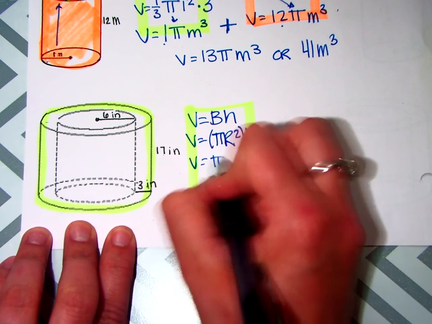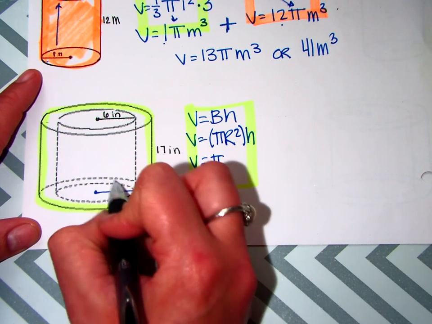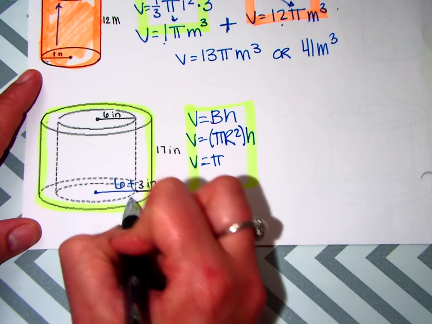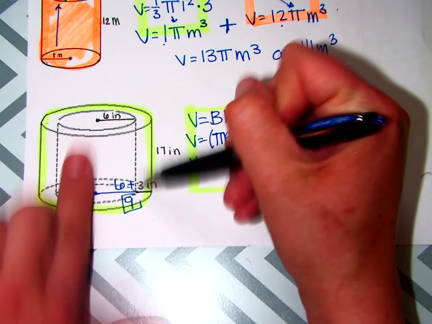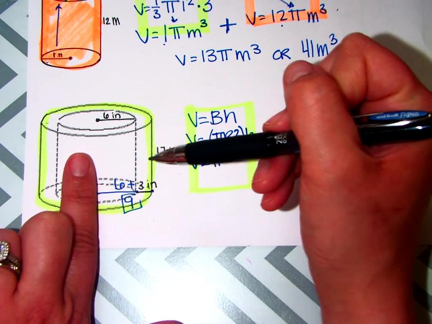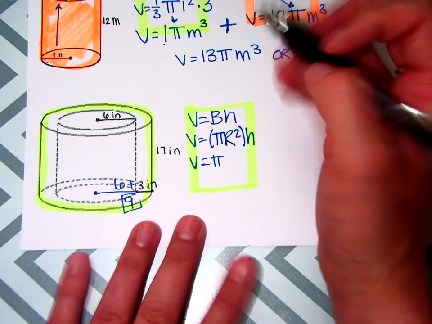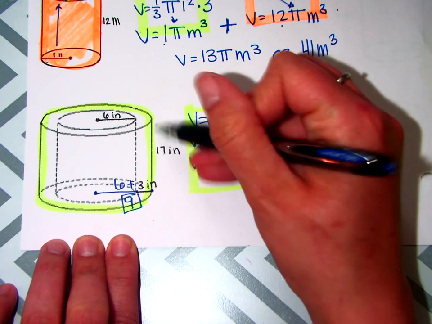This is where it gets tricky. Now looking at this large cylinder, my complete radius is 6 plus 3, which is 9. I have to make sure that I'm incorporating the 6 plus the additional 3 inches for the thickness of this tube, kind of. So my radius for my big cylinder is 9, and my height is 17.